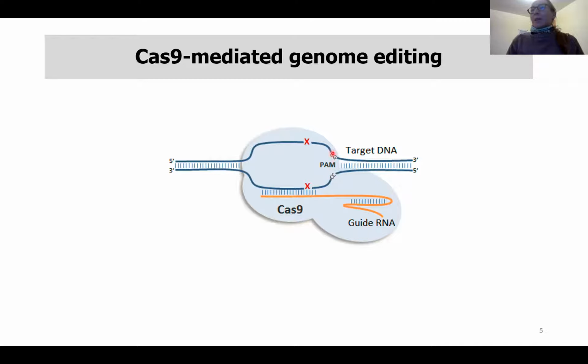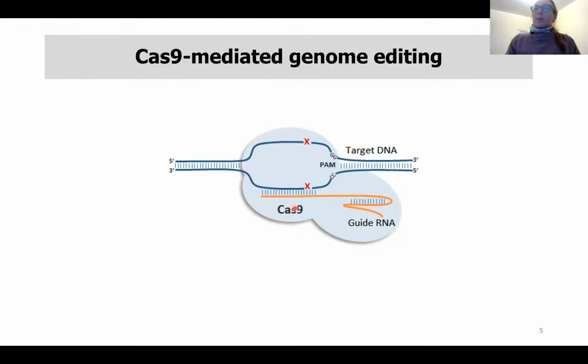It is a short sequence that has to be close to the Cas9 target. It can vary, can be GG, can be other nucleotides. And then these two crosses represent cleavage sites of Cas9. The RNA is the guide RNA that came from the CRISPR region.